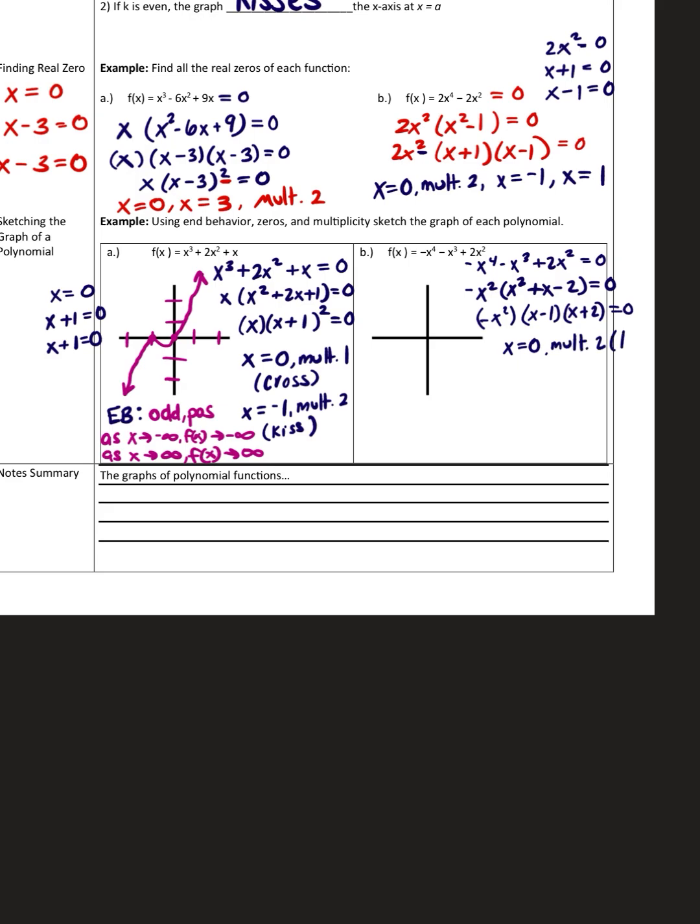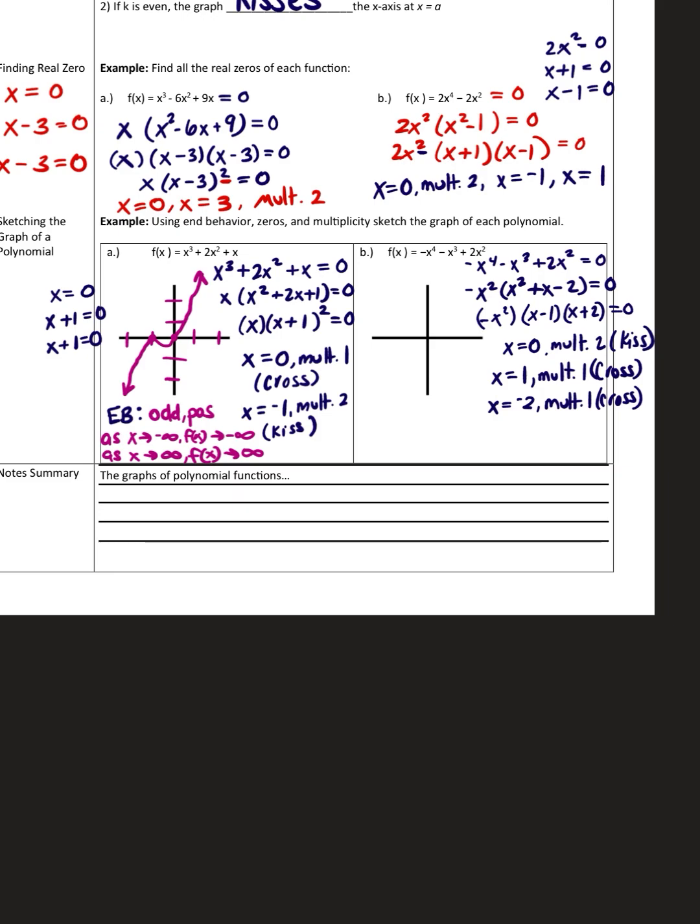So that means it's going to kiss. I have an x equals 1 with the multiplicity of 1. So that means it's going to cross. And I also have an x equals negative 2 with a multiplicity of 1. And that's also going to cross, okay?